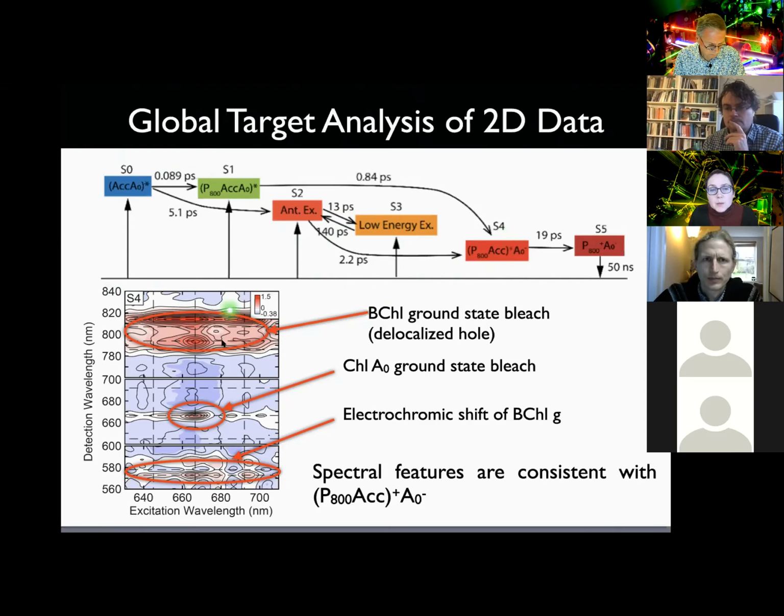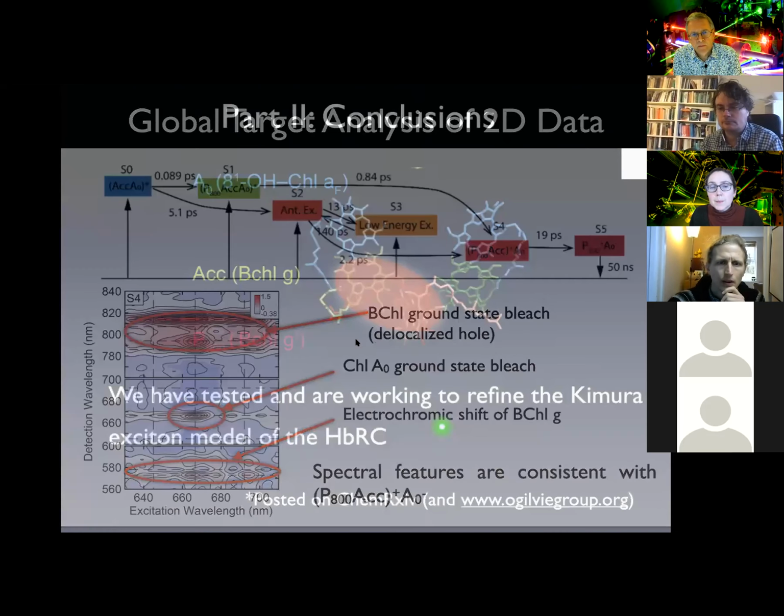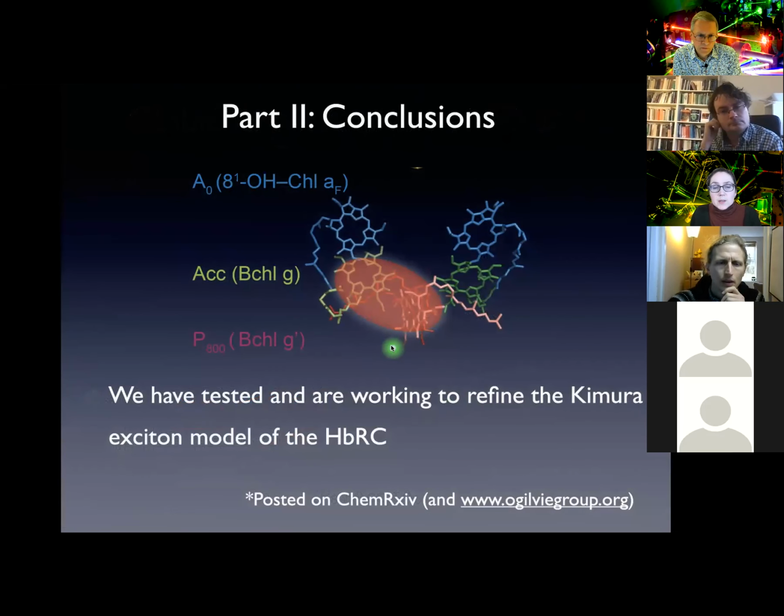Here I'm showing the species-associated spectrum for this charge separation intermediate, and we see a ground state bleach of A0, and also this electrochromic shift associated with charge separation, and features in the bacterial chlorophyll QY region that indicate delocalization of the hole. These features are consistent with this charge separated intermediate, and this intermediate is present regardless of whether we excite the antenna or the reaction center directly. And so this gives us good indication that A0 is the primary electron acceptor.